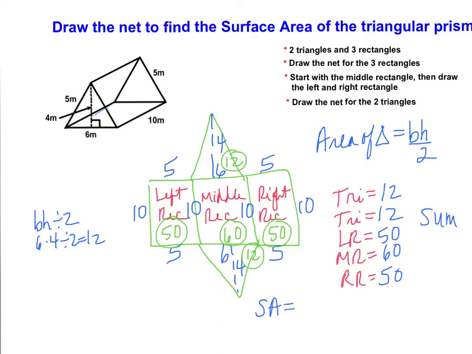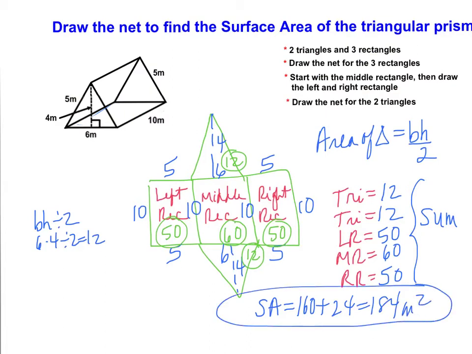I have to add all these. So 50 plus 50 is 100, plus 60 is 160, plus 12 and 12 is 24. So my surface area is 184 meters squared. Let's go ahead and do one more.